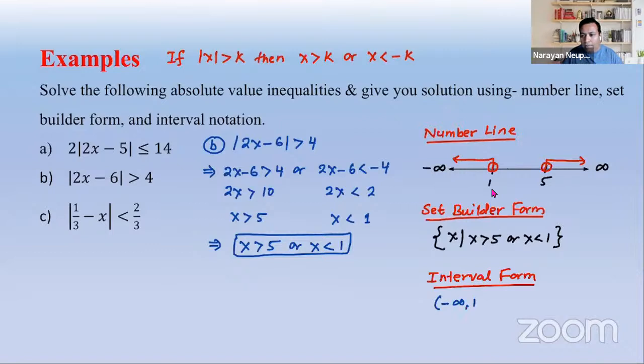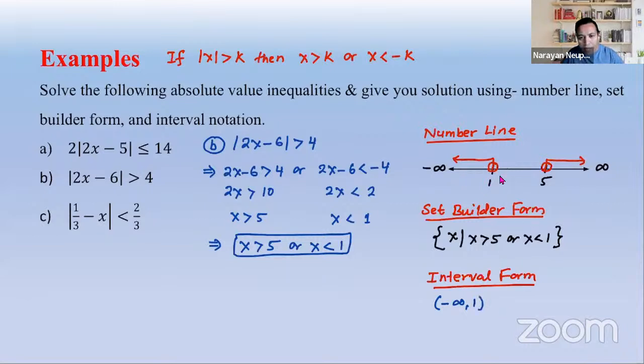And here at 1, everybody look at the screen now. At 1, this 1 is not included. You can see there is a hole there, right? There is a circle there to mark that this 1 is not included. If it is not included, we put a parenthesis. If it was included, we put a bracket.